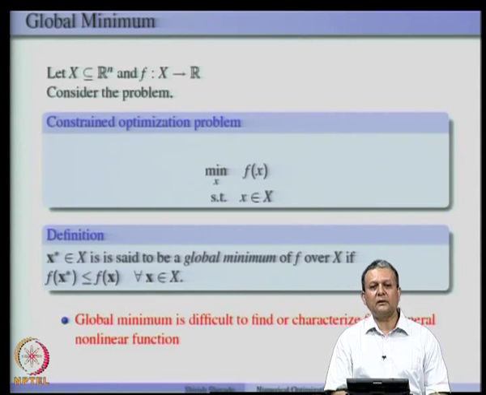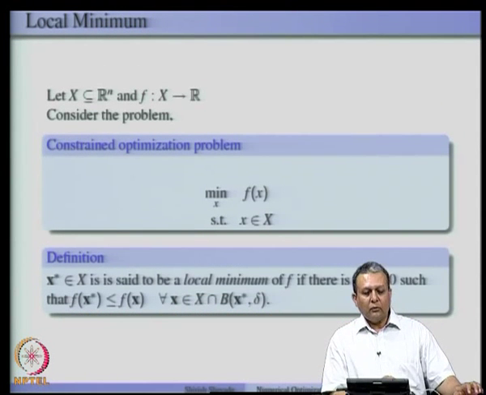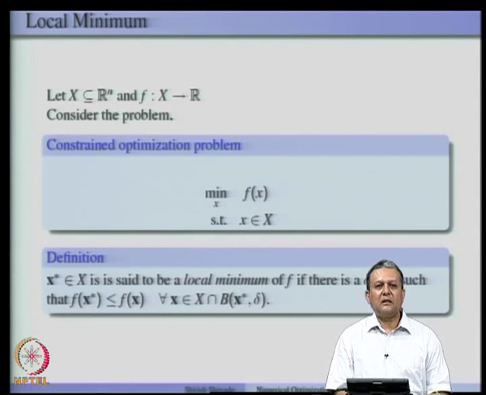Only in some special cases one can characterize them very easily. We will see those cases sometime later in this course, but as of now we know that it is difficult to characterize this global minima. So, it resulted in a concept of a local minimum.